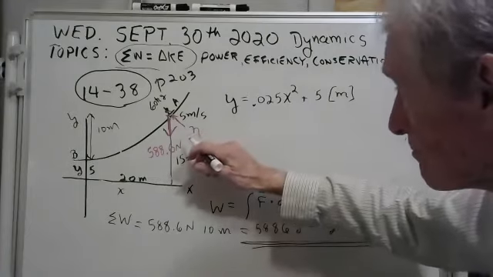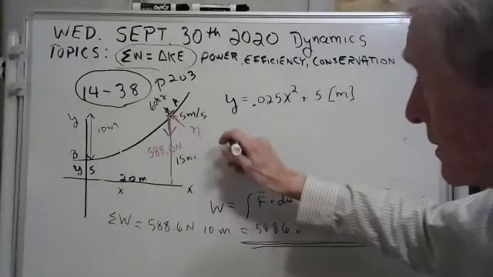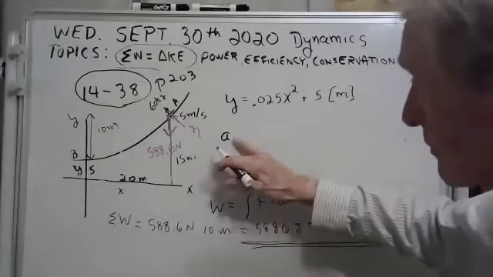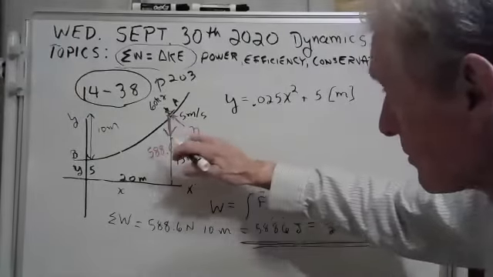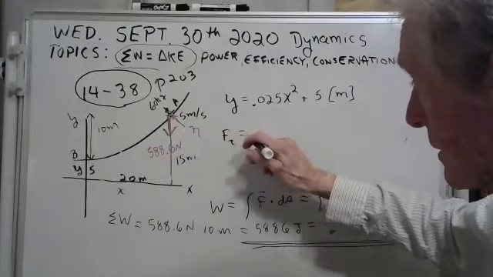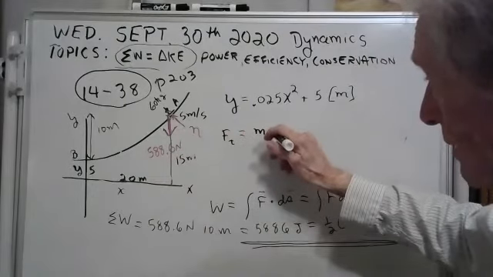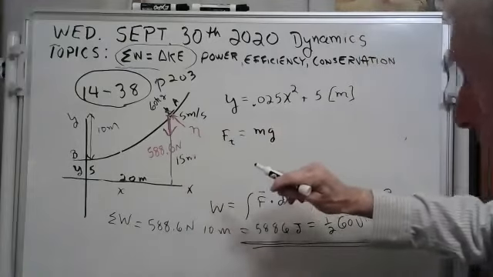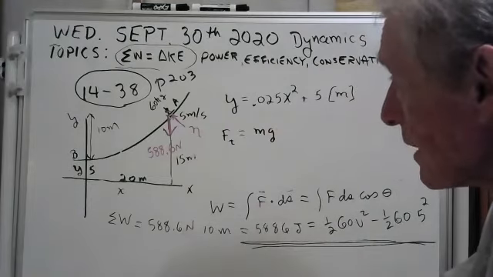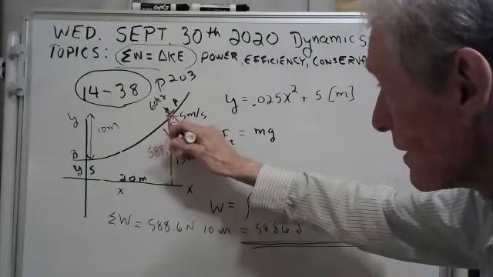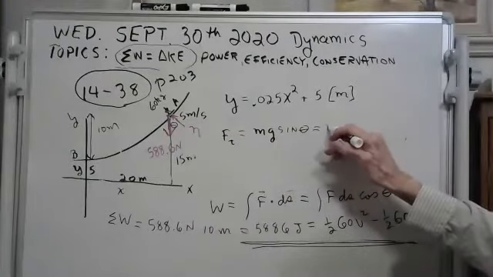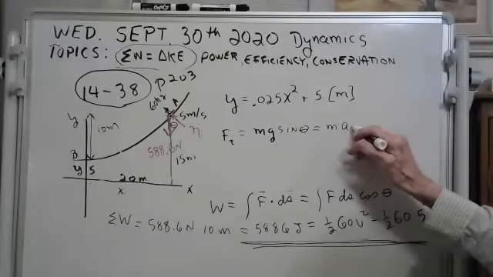See, in general, your acceleration, your force, your tangential component of your force is equal to your mass times gravity times, if that's an angle theta, the sine of theta, and that's equal to m a tangential.